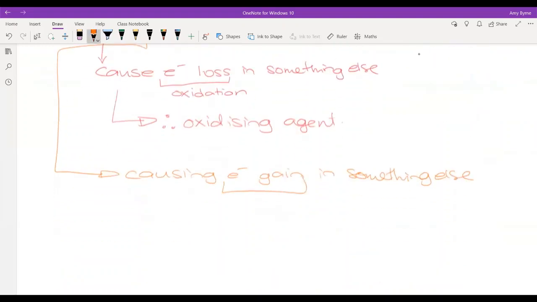Electron gain is reduction. So we would call zinc, therefore, the reducing agent, because it is causing reduction somewhere else.